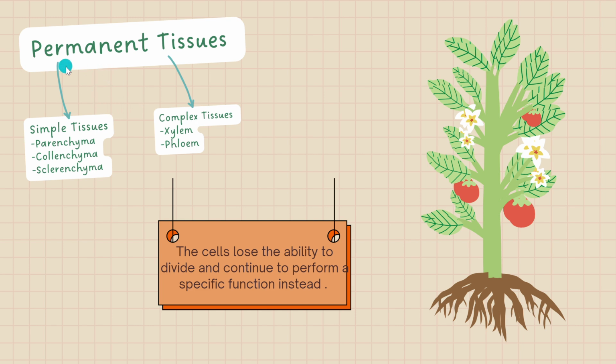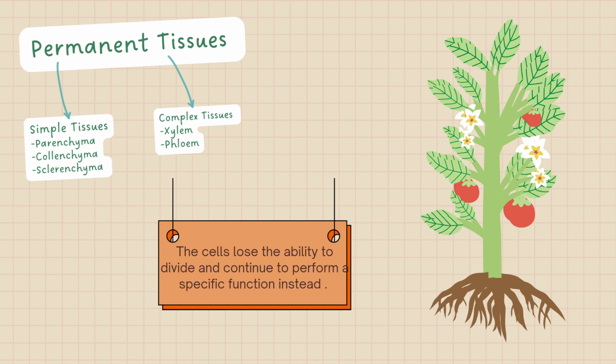Permanent tissues are divided into simple tissues and complex tissues. Why are they divided again? Basically, simple tissues are cells which are of the same type. For example, parenchyma has only one type of cell.